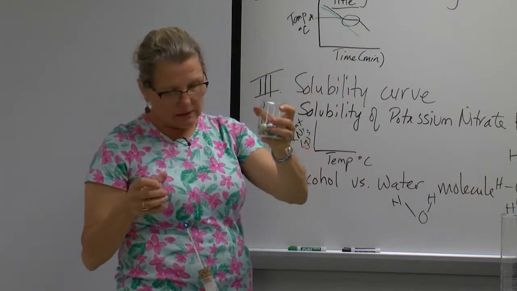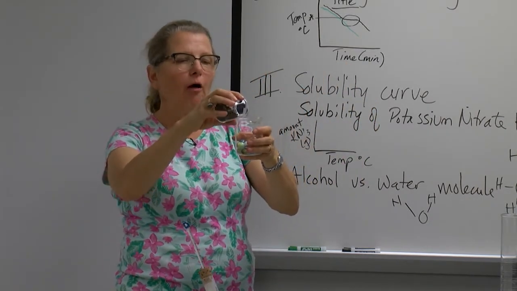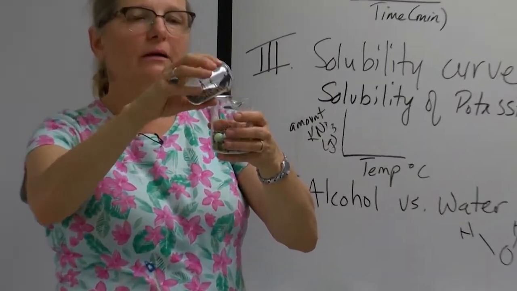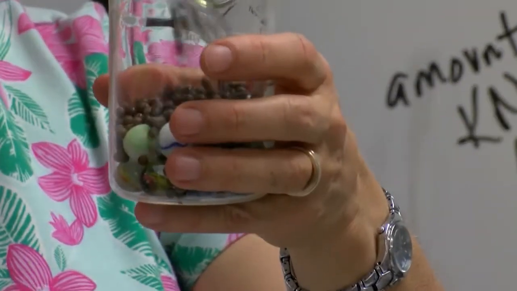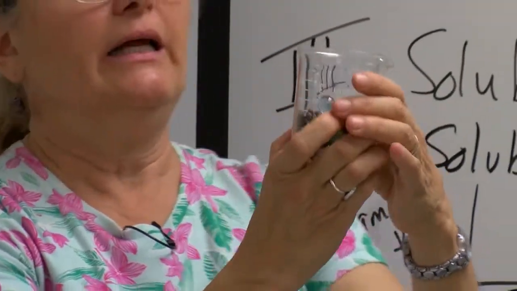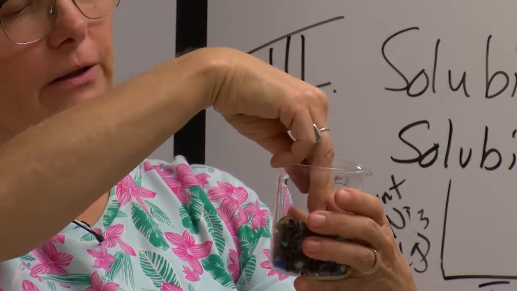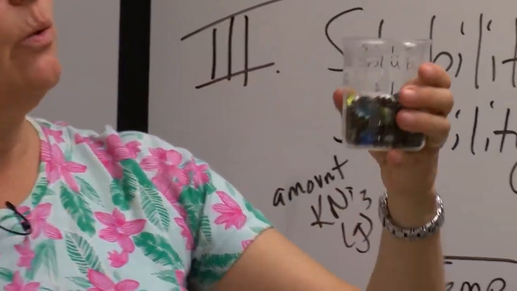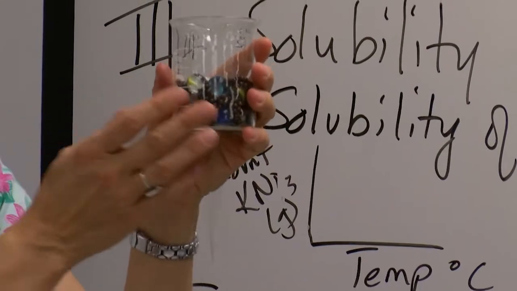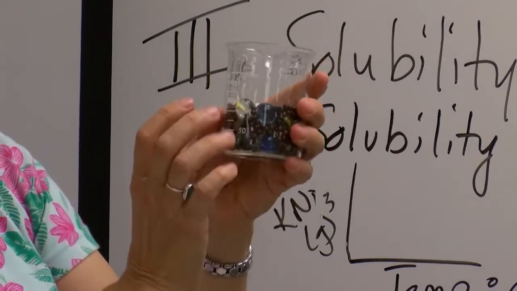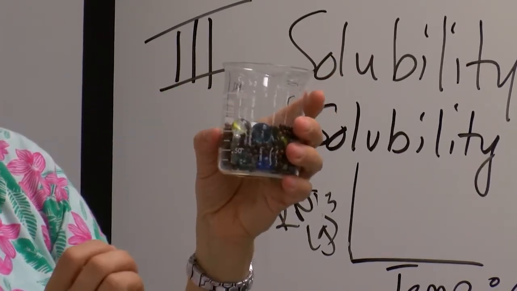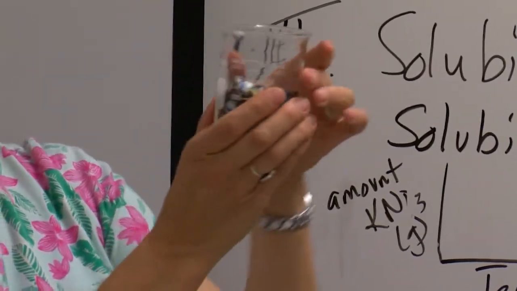Now, I'm going to do a little demonstration to help you. And I added 70 milliliters of water to 100 milliliters of alcohol, and I should get 170, but I don't.